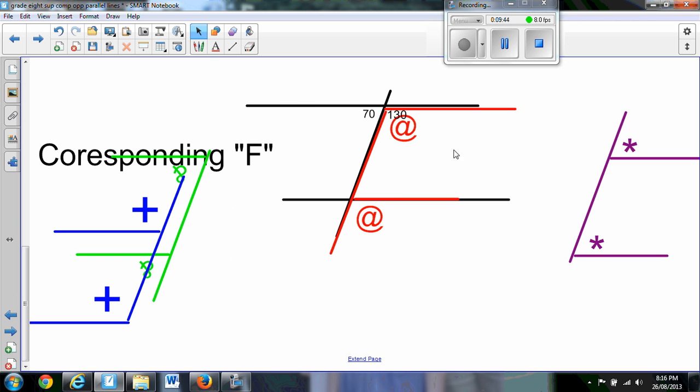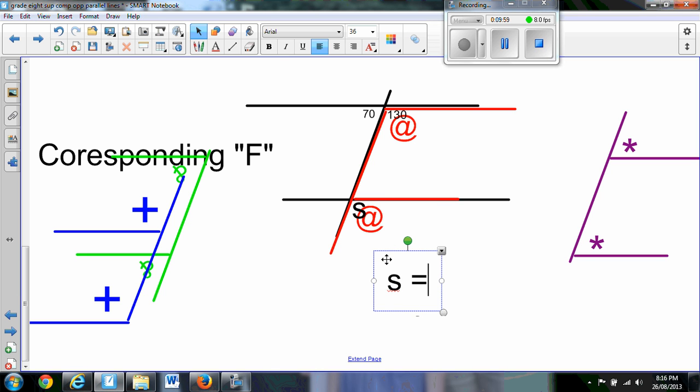We would use this F pattern because we know that this is 130. So if I was to give this a letter, and I'll just call it angle S, right here, and if I was wondering what angle S is, S would just be equal to 130 degrees simply because of F pattern.